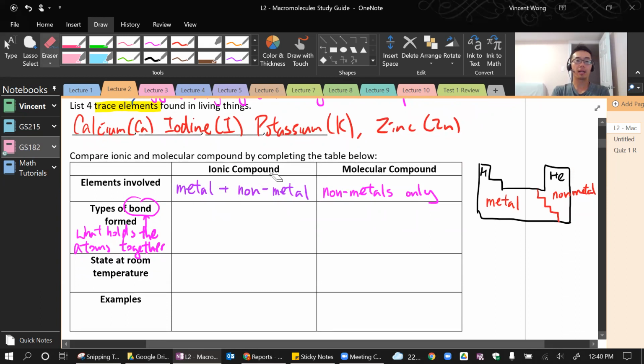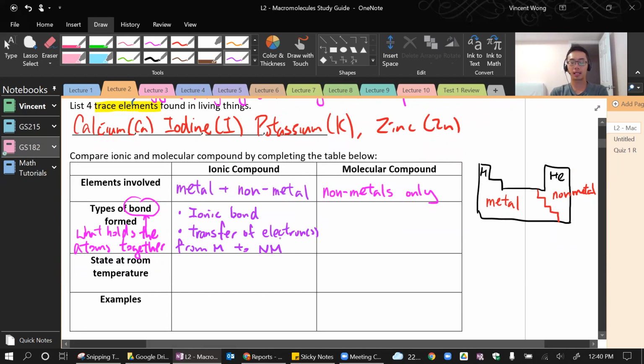For ionic compounds, you form what is called an ionic bond. So an ionic bond involves a transfer of electron or electrons, depending on what is involved, from the metal to the non-metal.